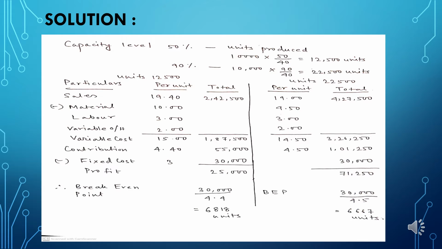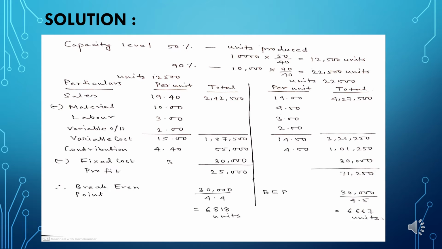So, if we consider that fixed cost is not changing throughout the productivity range, then the fixed cost at 40% capacity, the minimum capacity we have in this sum, remains the same whether it is 40, 45, 65 or 95. So the fixed cost of 3 into 10,000 units, which was the 40% capacity, gives us the fixed cost fixed at 30,000, irrespective of the increase of productivity.